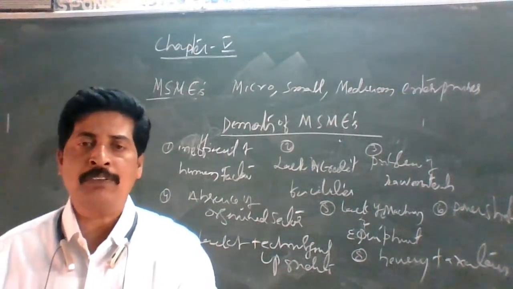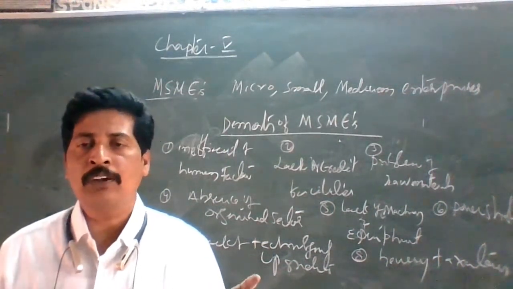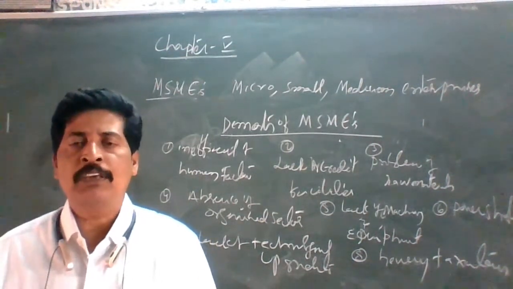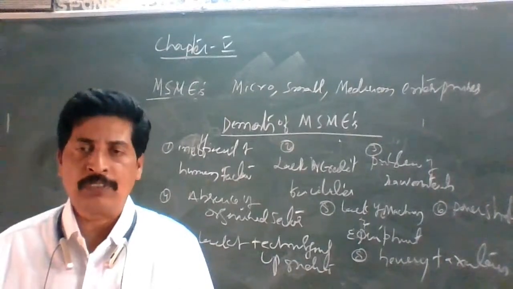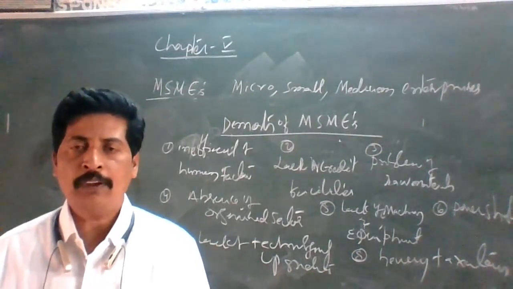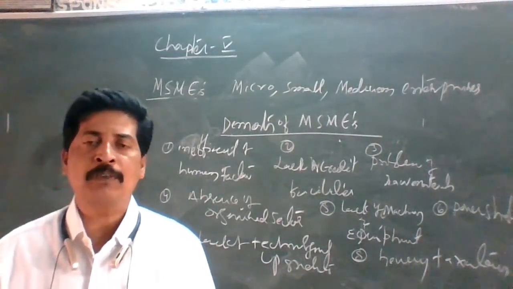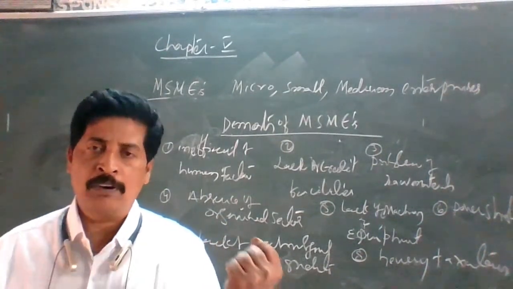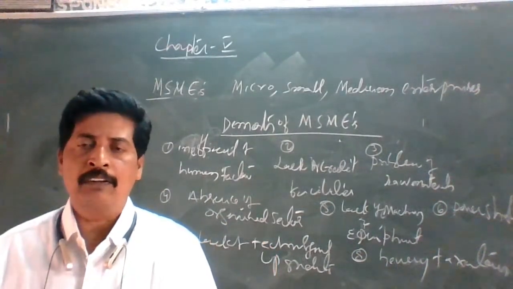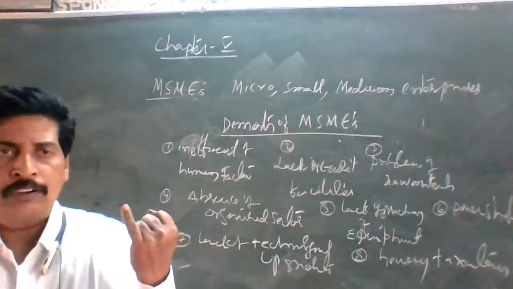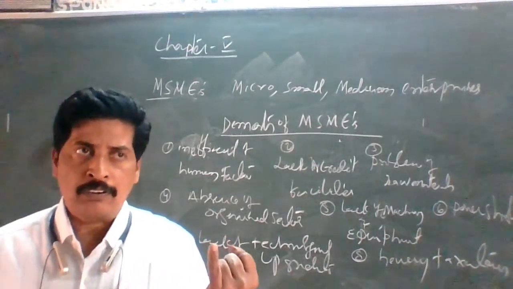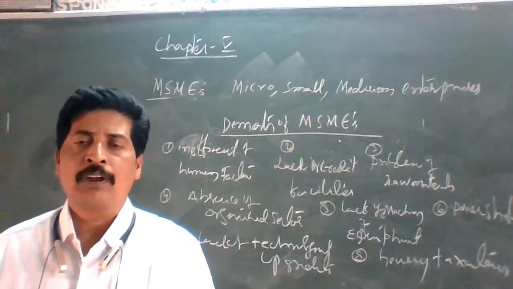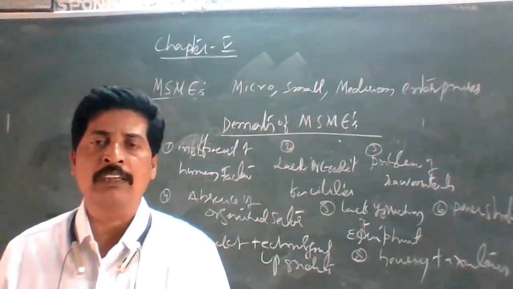So far in MSME, what have we seen? What is the meaning of MSME? The act came in 2006. And what is the importance of MSME? Especially there is more labor potential, and capital formation, less capital, and capital formation is also very easy.